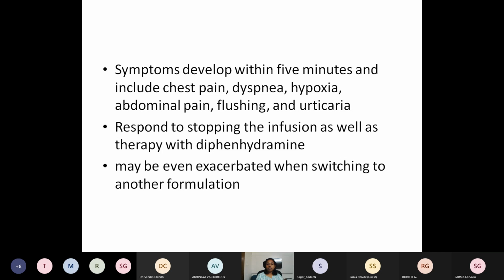Within 5 minutes of the infusion, patients can complain, just like in an anaphylactic reaction, of chest pain, dyspnea, hypoxia, abdominal pain, flushing, and urticaria. So the treatment has to be stopped immediately and antihistaminics given. They respond well to diphenhydramine. And once the patient has this reaction, it may be exacerbated even when switching to another formulation.